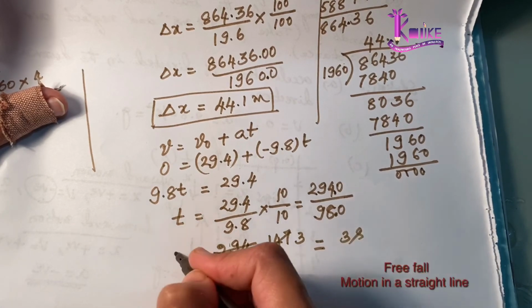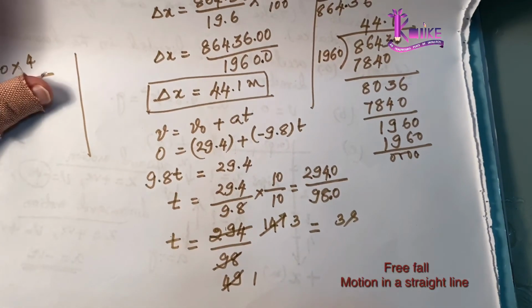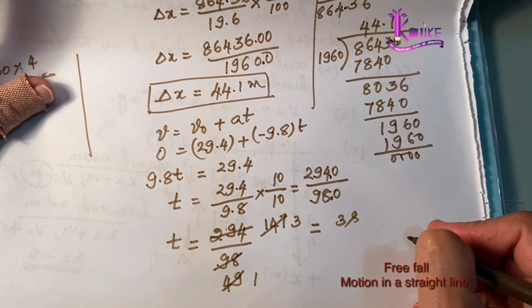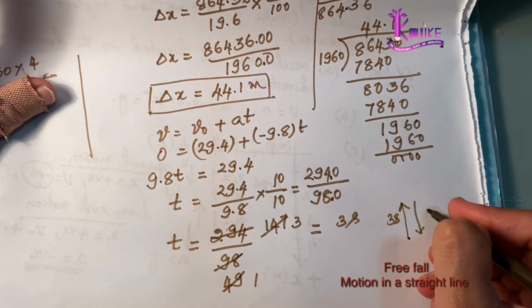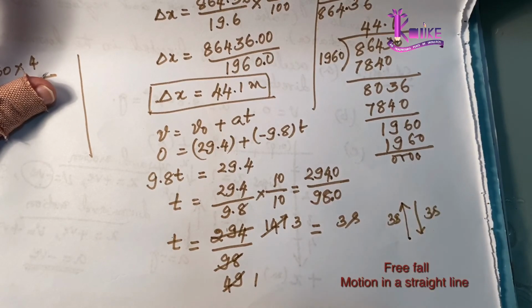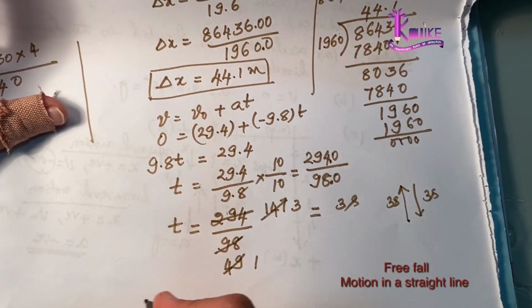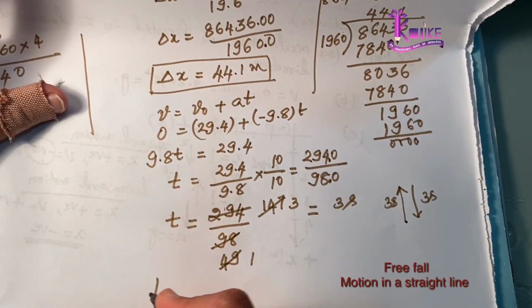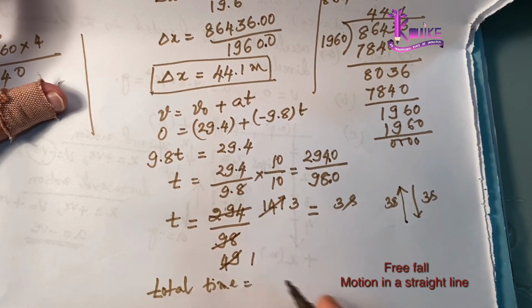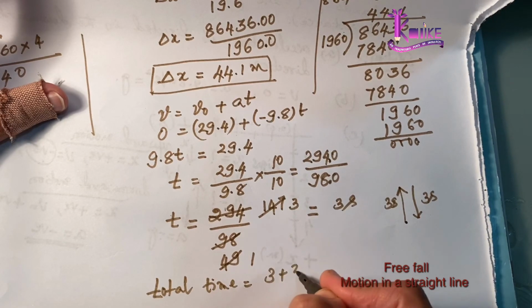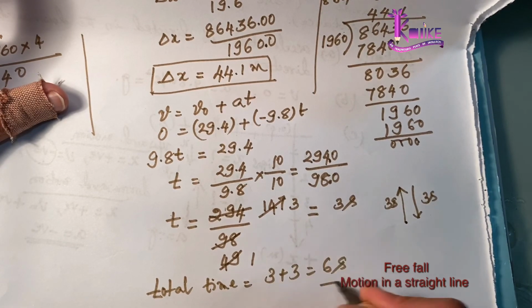So it is 3 seconds for the ball to reach the maximum position. Similarly, it will certainly take 3 seconds to reach the player's hand. So the total time will be equal to 3 plus 3, which is going to be 6 seconds.